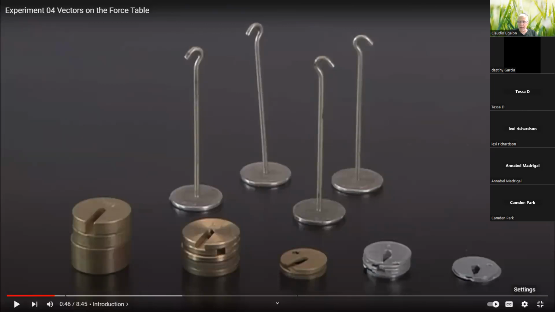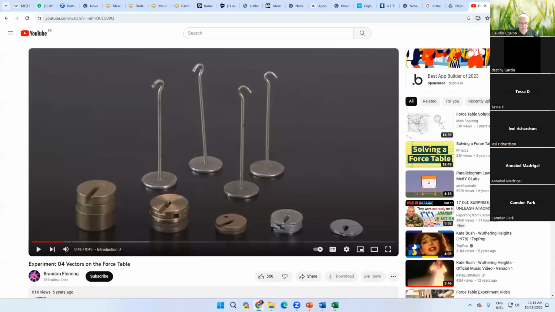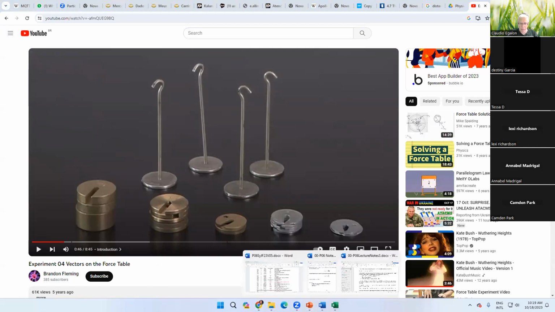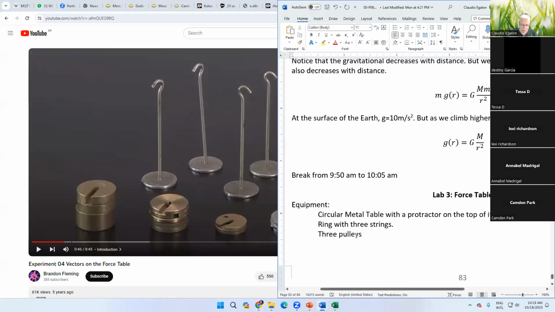So we have this other one as well, mass holder. 3 mass holders. They're usually 50 grams each. Assorted slotted masses.